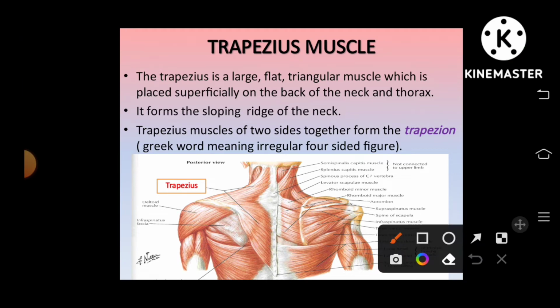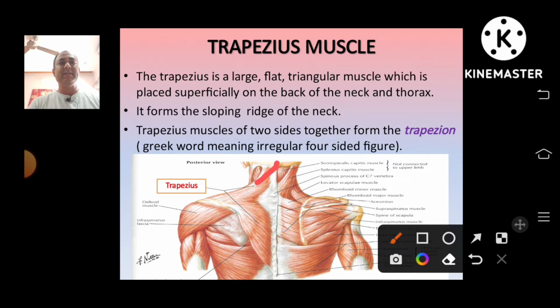Here you can see from the picture, this is the trapezius muscle of the left side. In the same way, the trapezius muscle of the right side forms the four-sided figure like this. This is called the trapezion.